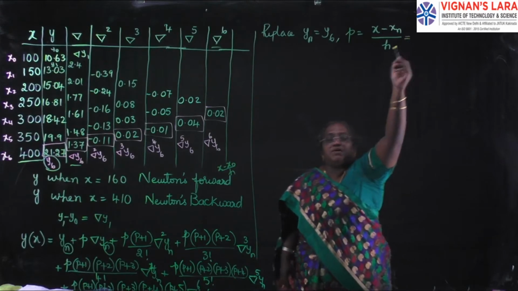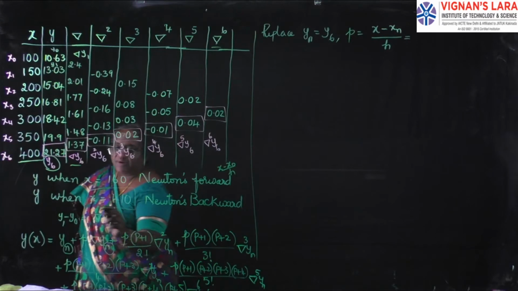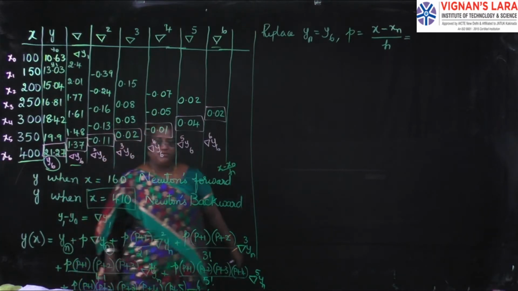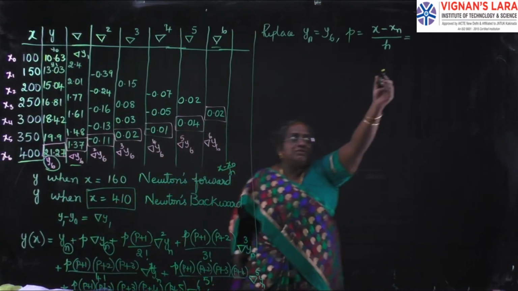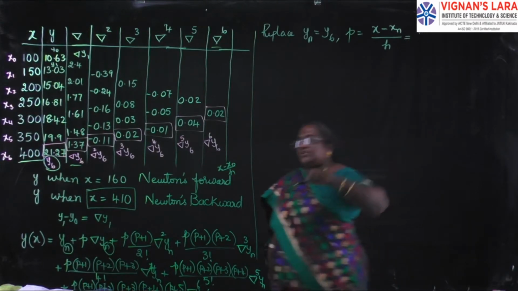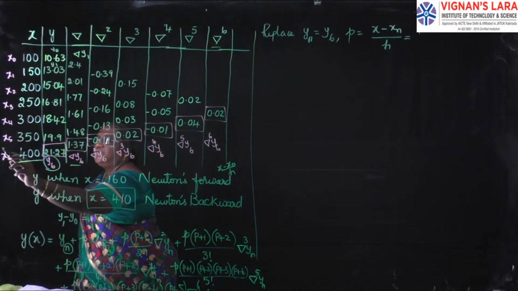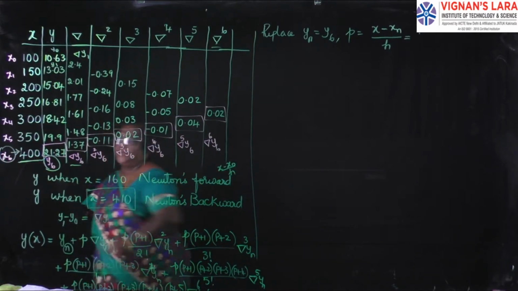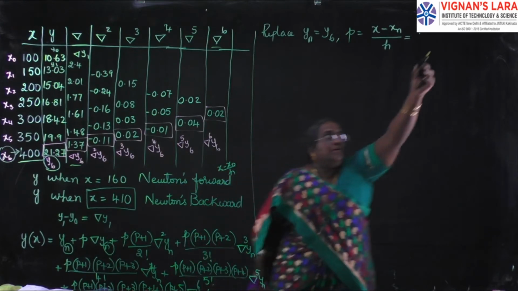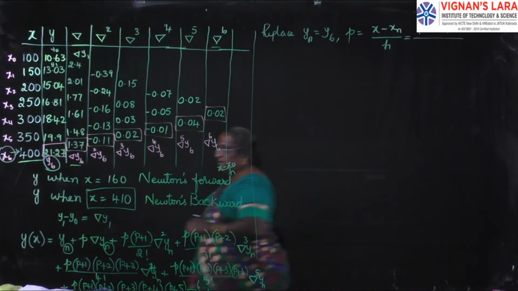What is x here for which we have to find? We have to find the value of y corresponding to x is equal to 410. So x is equal to 410 minus, what is our xn? Here n is to be replaced with 6. So our x6 is 400 by, what is the difference of the interval?